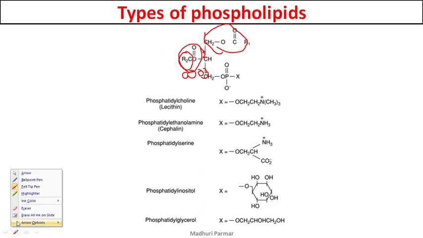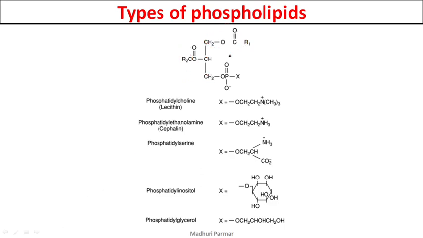This is the first fatty acid, second fatty acid, and on the third carbon, instead of fatty acid, a phosphate group is attached. And to this phosphate group, you can attach different kinds of molecules, different X groups. What are these X groups? They can be phosphatidylcholine.